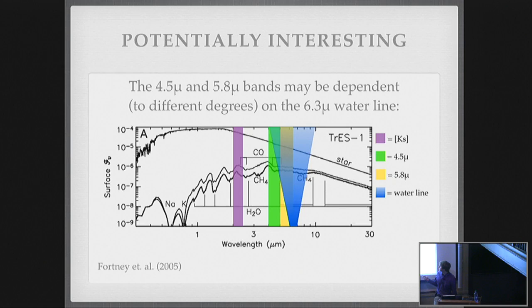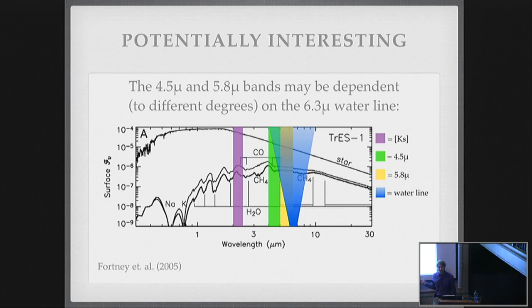That is to say, this is a positive correlation, whereas you would expect a negative correlation if 5.8 is more significantly affected by water. Now, I don't have an ideal explanation for that. My best guess at the moment is that 4.5 microns is also affected by carbon monoxide, whereas the 5.8 micron band is not.